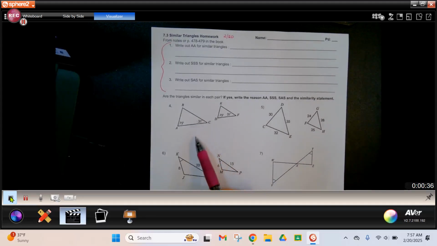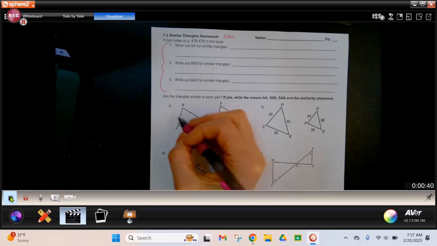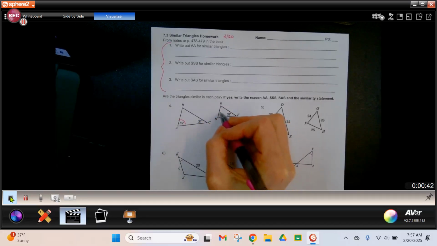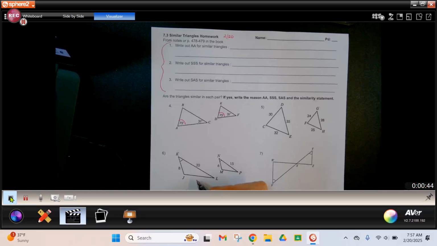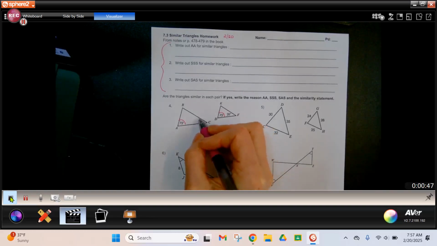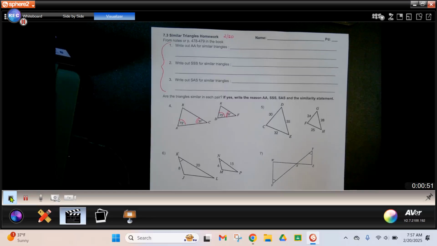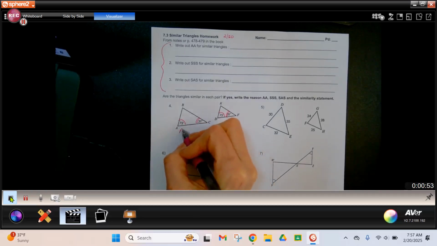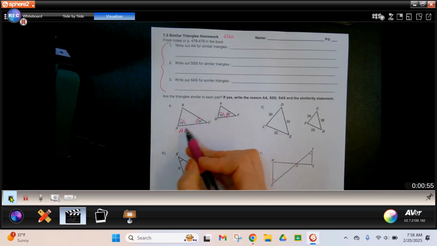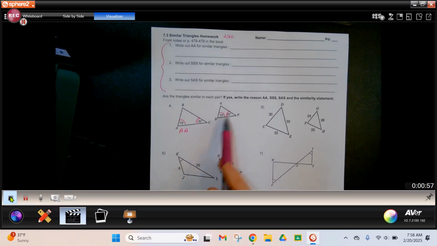So in question number 4, we have two triangles, and this angle here is congruent to this angle here, since they have the same measure. And this angle here is congruent to this angle here, since they have the same measure. So look at that. We have an angle and an angle for each of these triangles. So these two triangles are similar by AA.